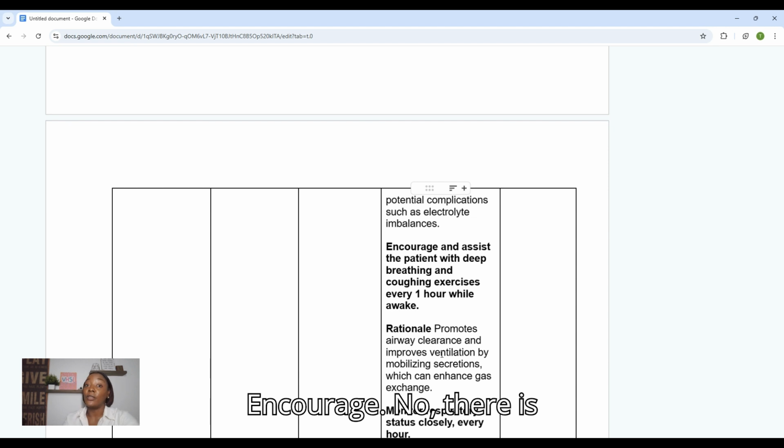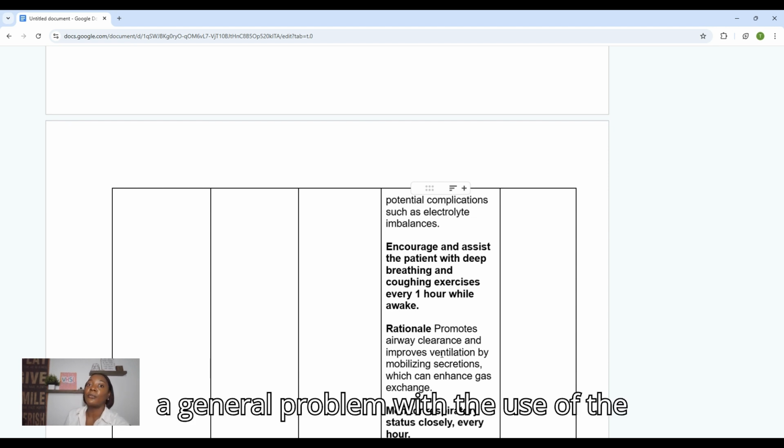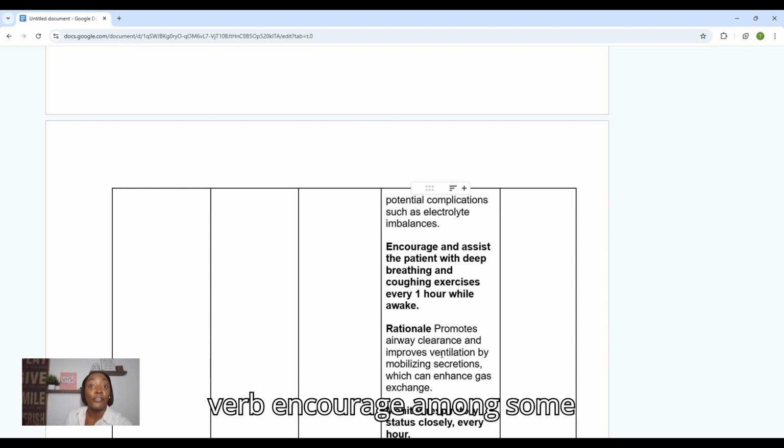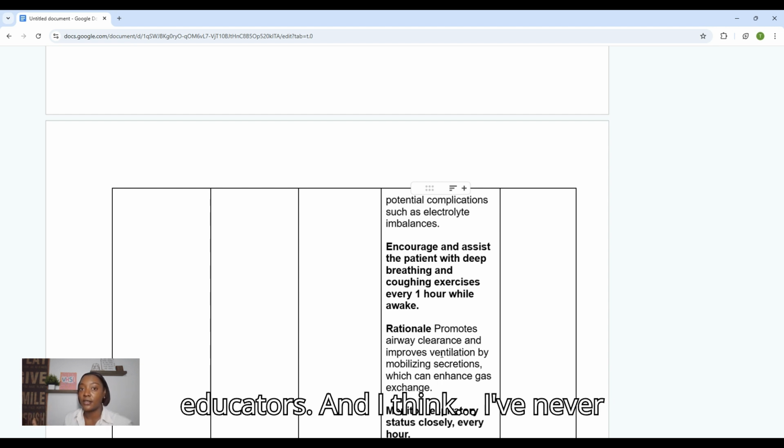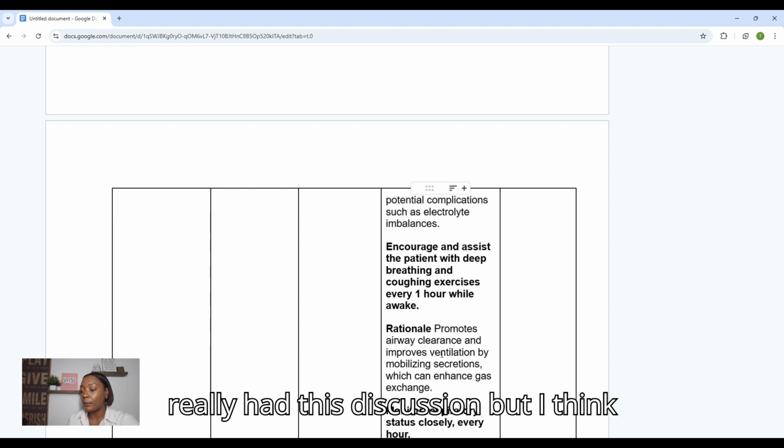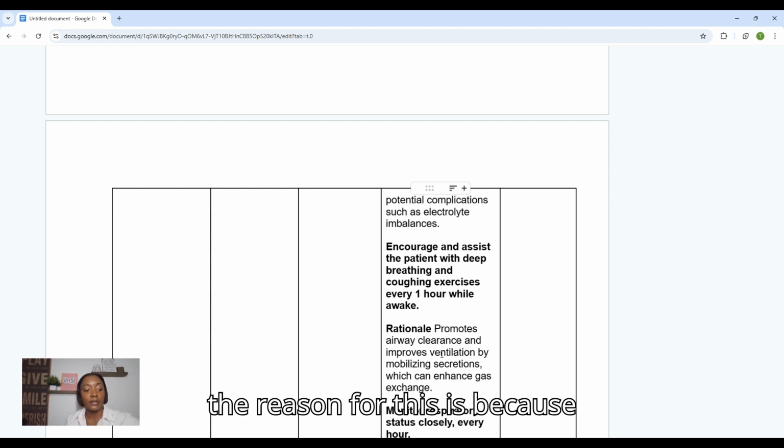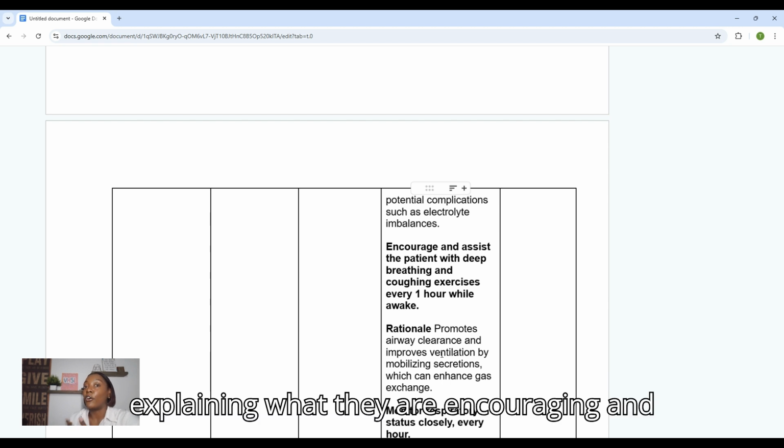Encourage. No, there is a general problem with the use of the verb encourage among some educators. And I think I've never really had this discussion, but I think the reason for this is because students tend to not be very specific when it comes to explaining what they are encouraging.